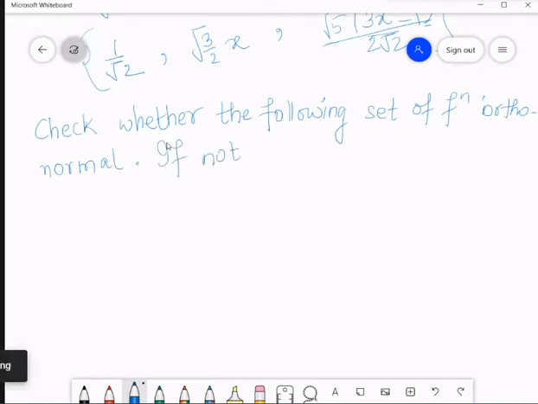If yes, then well fine, I don't have to do anything. If not, then can it be converted to an orthonormal set?